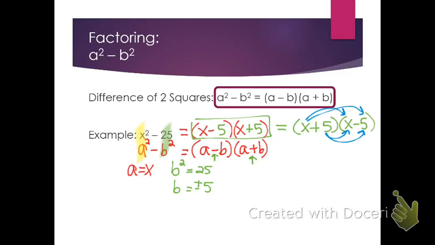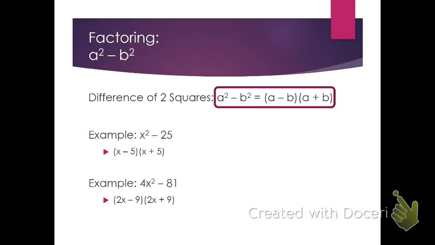So here we've got x squared minus 5x plus 5x minus 25. We've got like terms that add up to 0, and we've got x squared minus 25, which is what we started with, so I know that my solution of x plus 5, x minus 5 is correct.